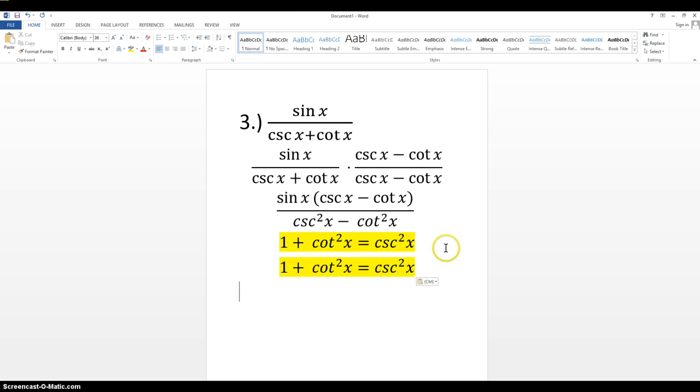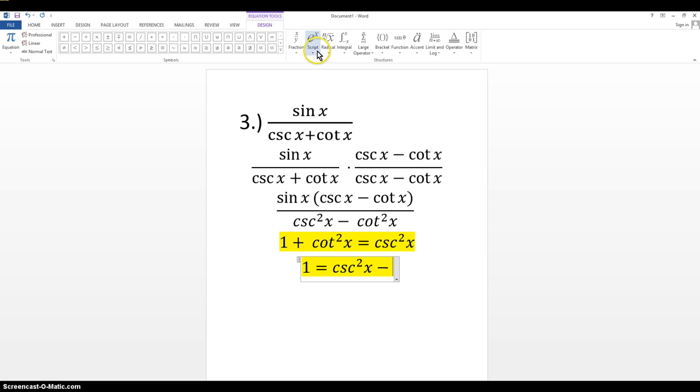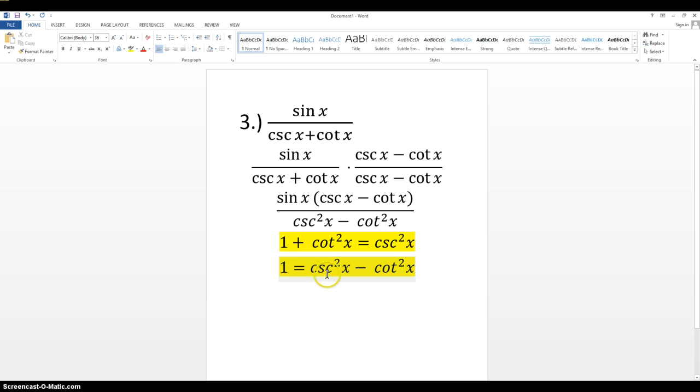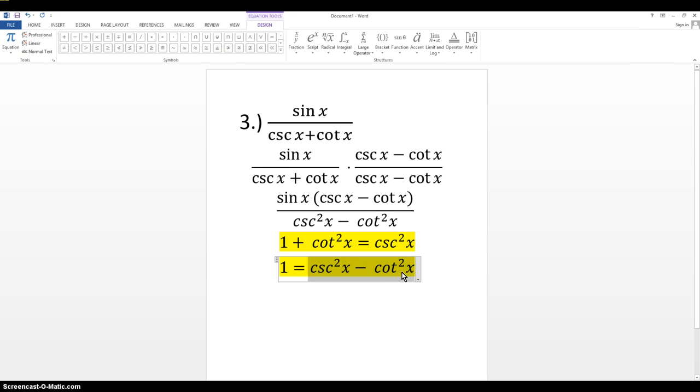So I'm going to be left with the identity of 1 equals cosecant squared of x minus cotangent squared of x.